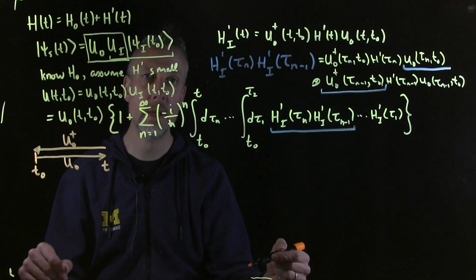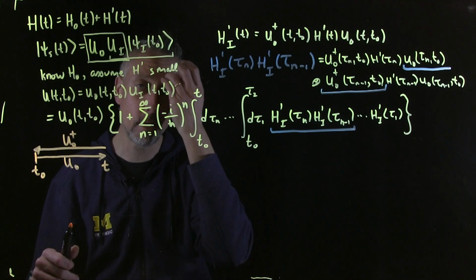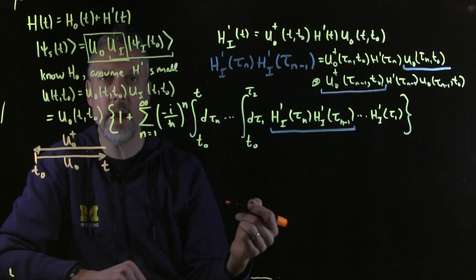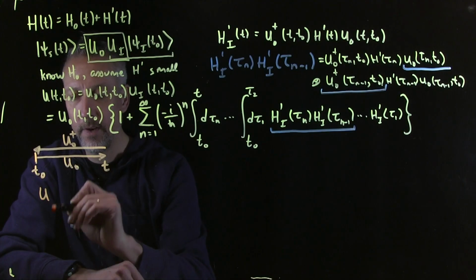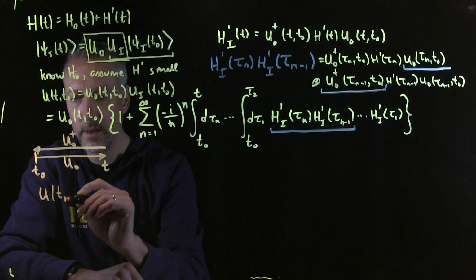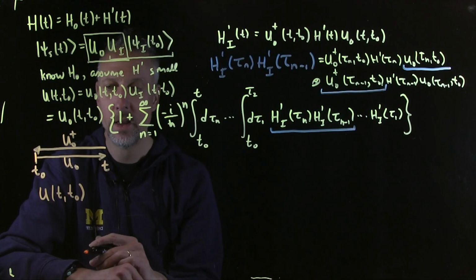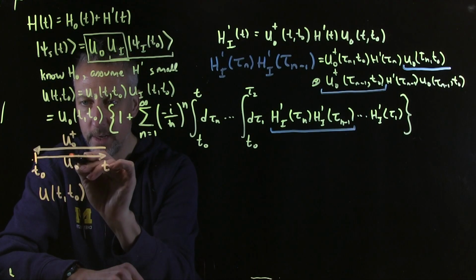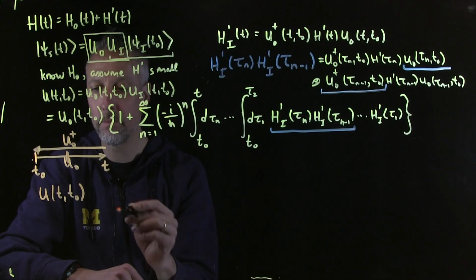That's only true when you have commutative algebra. When you have non-commutative algebra, things are a little bit more complicated. So let's look at what a normal time evolution operator does. If I start at t naught, then I expect to evolve from t naught to t. There's no reason I couldn't have first stopped somewhere in between, and then gotten to t. How would I do that?